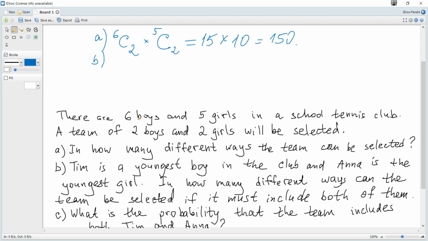Since Tim is already chosen, there are 5 remaining boys. And again, it will be a number of combinations, 1 out of 5. And again, it's multiplied by, Anna is already chosen, so we need 1 remaining girl out of 4. So number of combinations, 1 out of 4. Number of combinations 1 out of n is just n, so it becomes 5 times 4, it's 20.